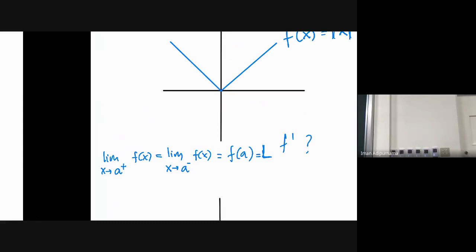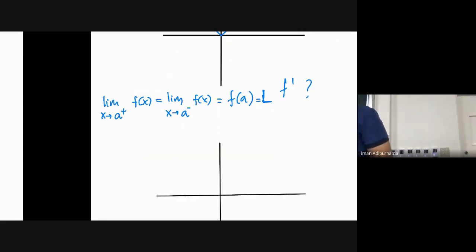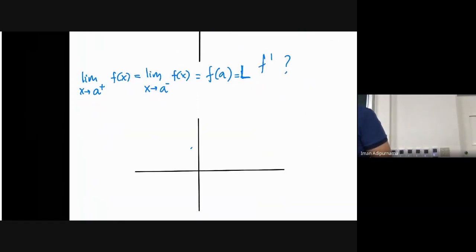That's why we can still differentiate the absolute value, but with some exception. The derivative of x is just 1, right? So it's just a constant value. Let's say we have 1 here, and we have negative 1 here. So this is our derivative, just a constant value with a hole.